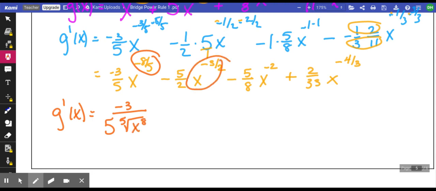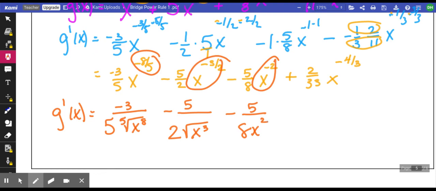This is going to the bottom, so I have negative 5 over 2, and that is the square root of x cubed. Minus this is going to the bottom, 5 over 8 x squared. And then this is going to the bottom as well, plus 2 over 33 cubed root of x to the 4th. Well, that does it for round 1 of the power rule, and we'll get some more practice with the little tougher ones in the next lesson.